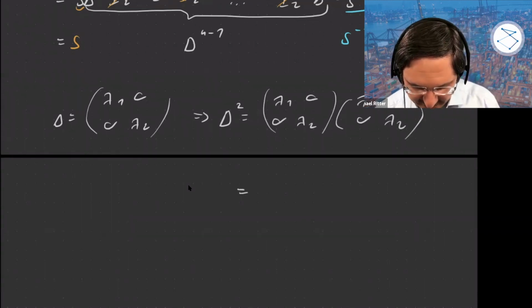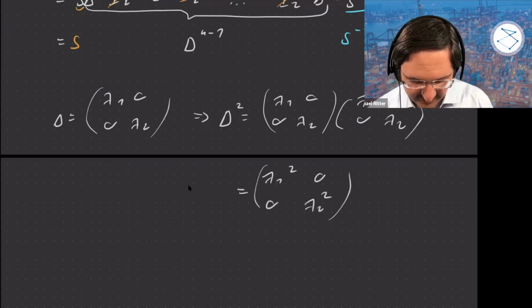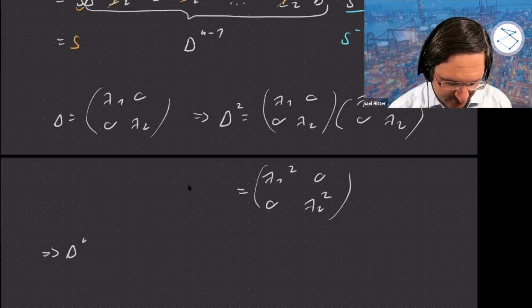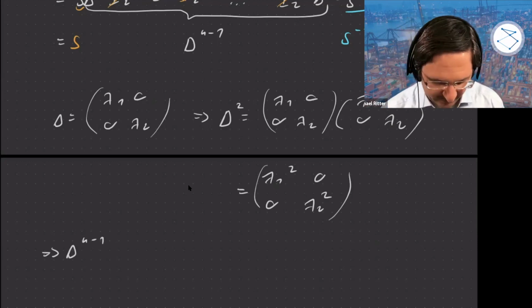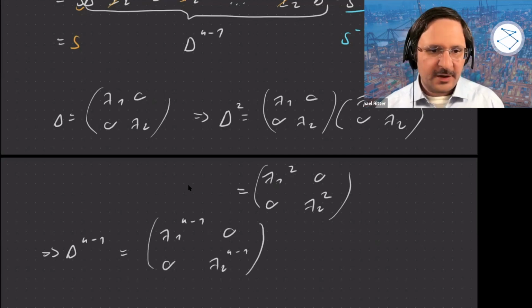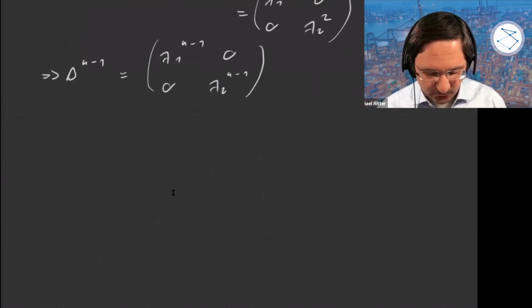If you multiply that, you get lambda 1 squared, 0, 0, lambda 2 squared. So in particular, it's easy to compute D to the power of n minus 1. That's just lambda 1 to the n minus 1, 0, 0, lambda 2 to the n minus 1. And that helps us to compute this A to the n minus 1, right?